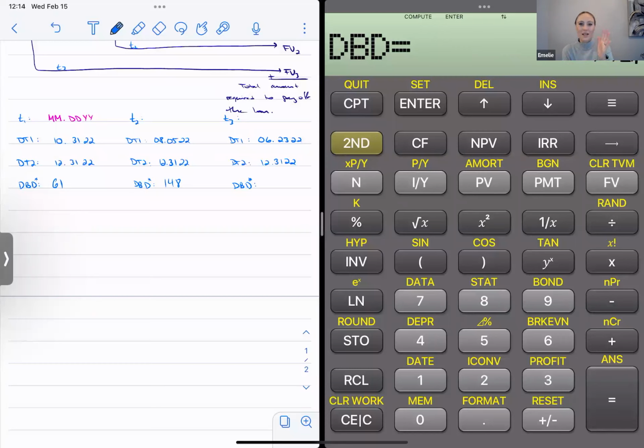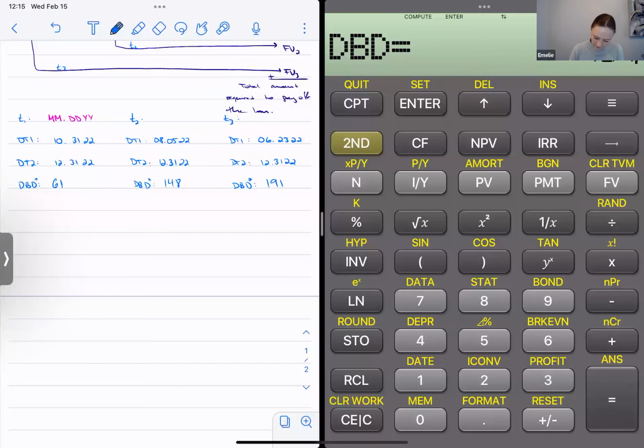Time 1, 61, is the shortest, and then time 2 should be the middle. 148 is longer than 61 days, so that makes sense. Otherwise, it'll make a complete mess. For the last one, we scroll up to date 1 again, 06.23.22, enter. Scroll down, down, down to days between dates, compute, 191.